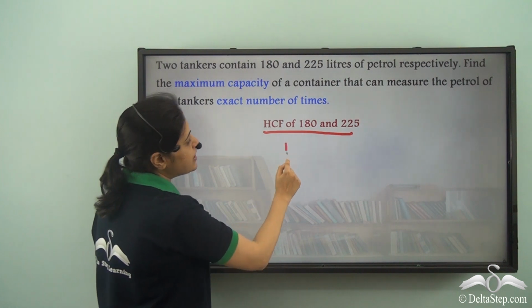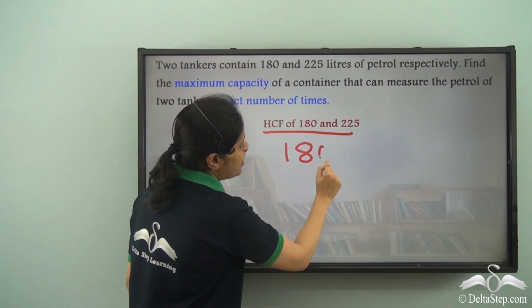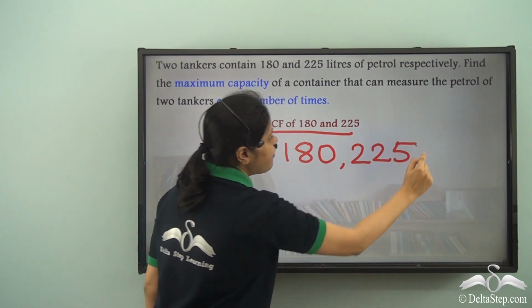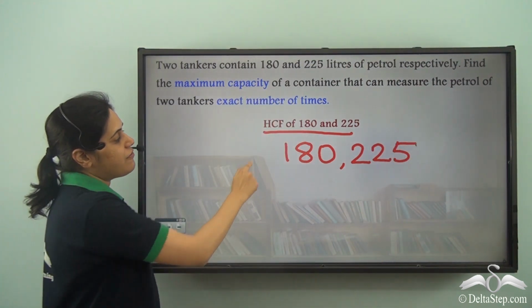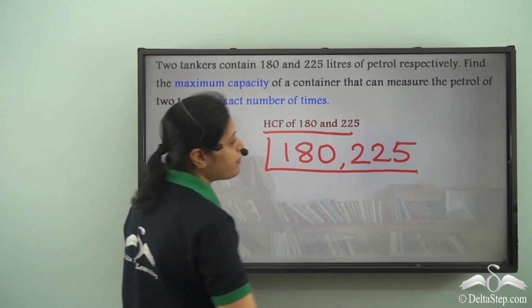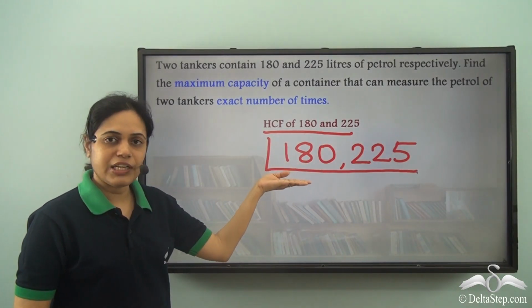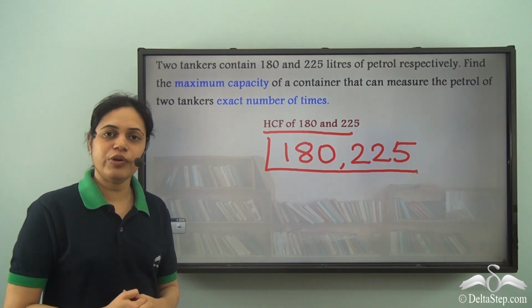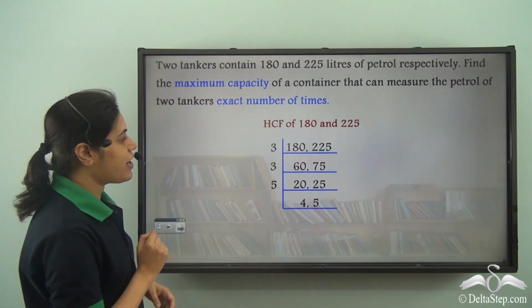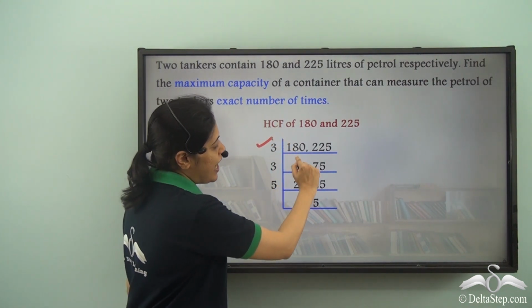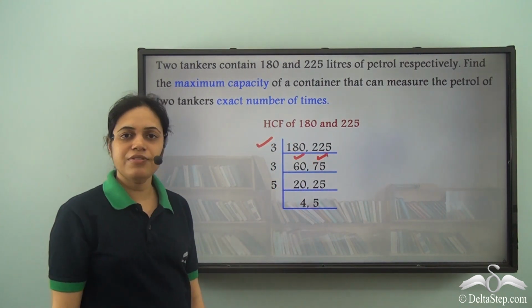Now how do I find the HCF of these two? I write 180 and 225 and start dividing by the lowest common prime number. So if I look at 2, it divides 180, but 2 does not divide 225. So I will divide by 3. So if I divide by 3, I get 60 and 75.